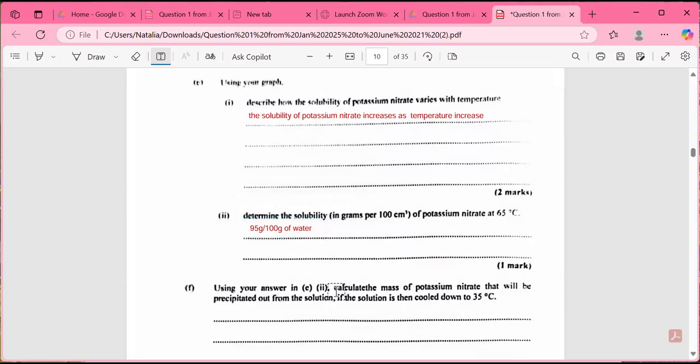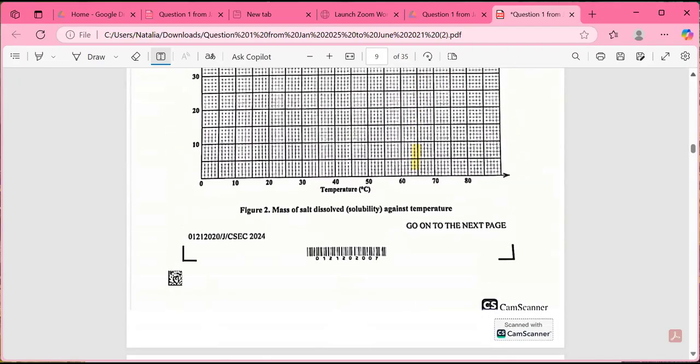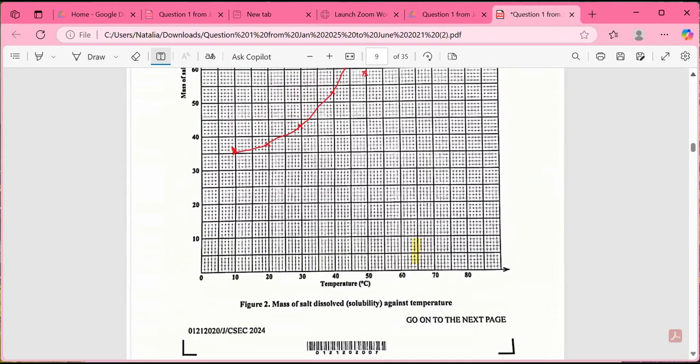Use your answer in E2. So using this 95 grams of potassium nitrate in 100 grams of water, calculate the mass of potassium nitrate that will be precipitated out of the solution if it is cooled down to 35. So we need to determine the solubility at 35. We're going to go on the graph again and read off the solubility at 35.